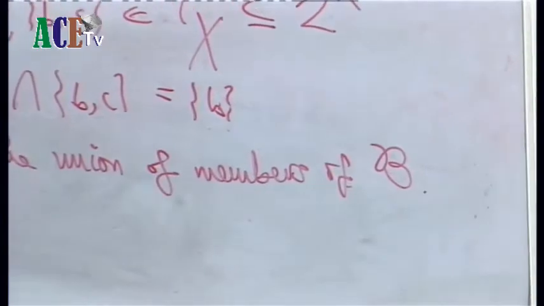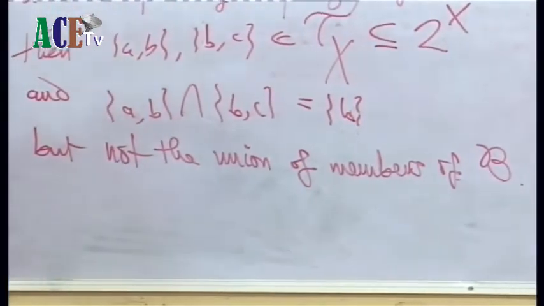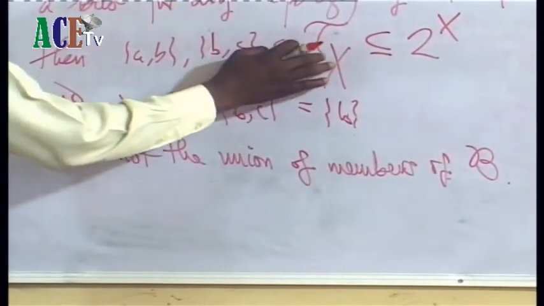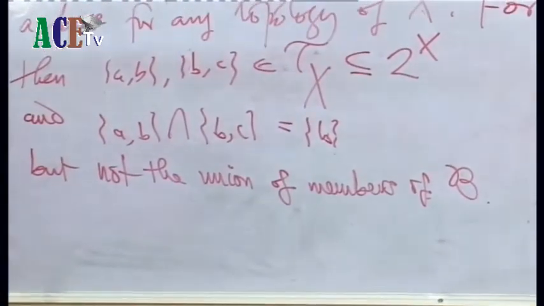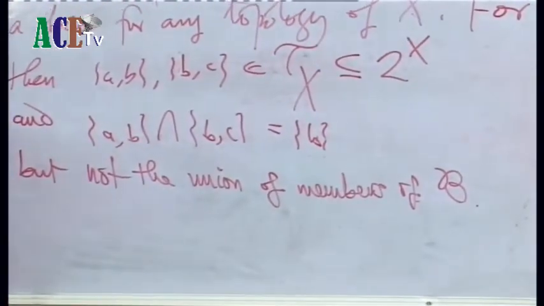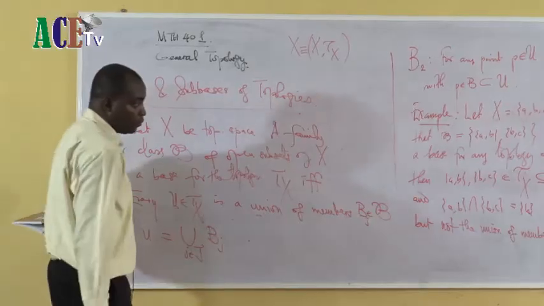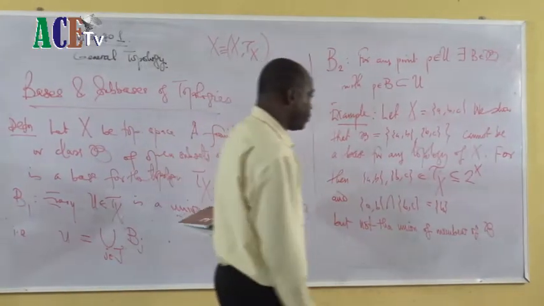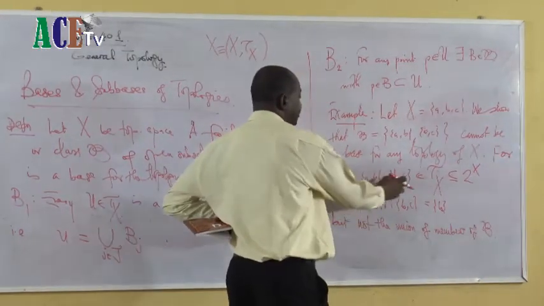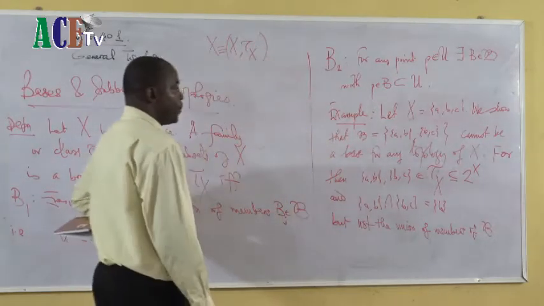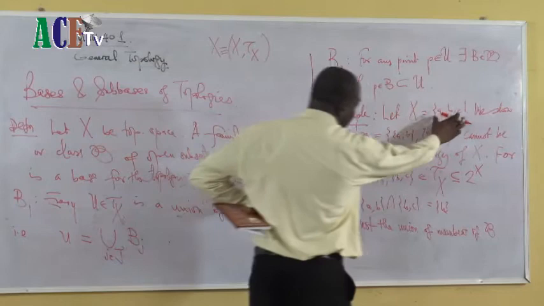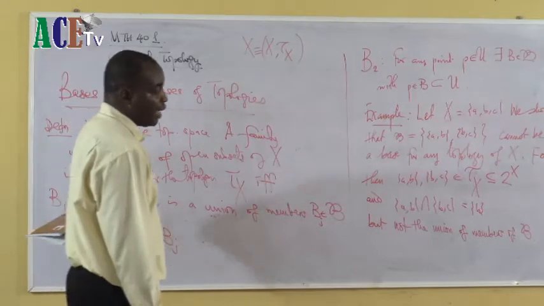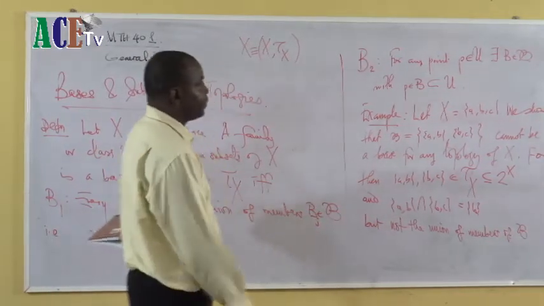From what we have here, we claim that every open set must be written as a union of the bases. Now, if you take a union of this and this, you will get X, of course. That's true. The union of AB and BC will give you X.